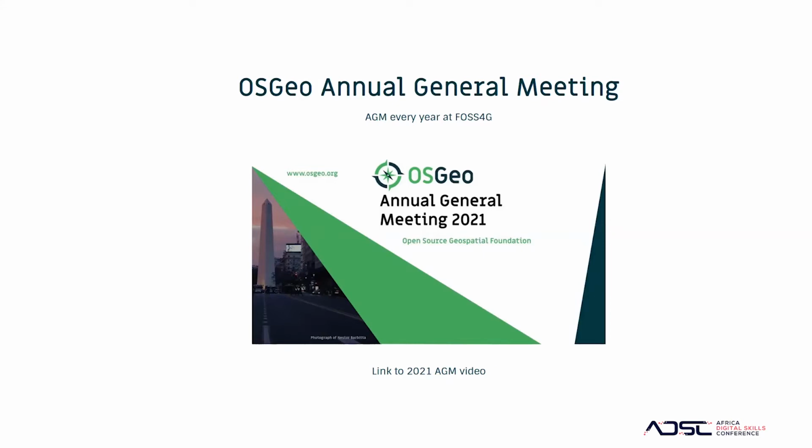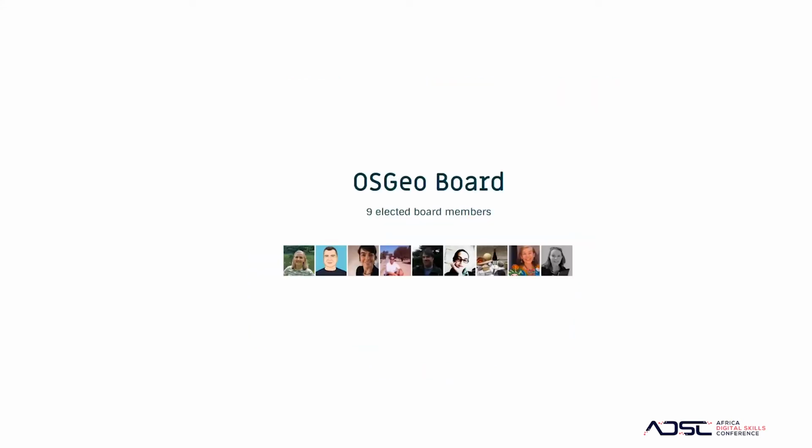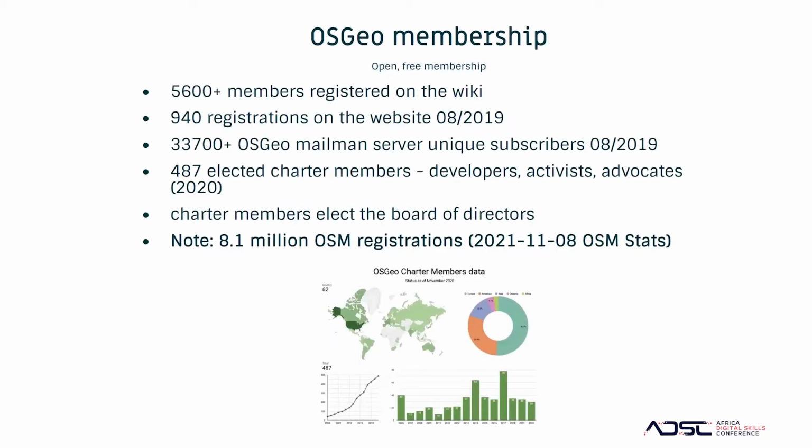The OSGeo board is made up of 9 elected board members, and because this organization is volunteer driven, it's volunteer run as well. Membership of OSGeo is open and free to everyone, be you enthusiast, newbie, developer, or activist.